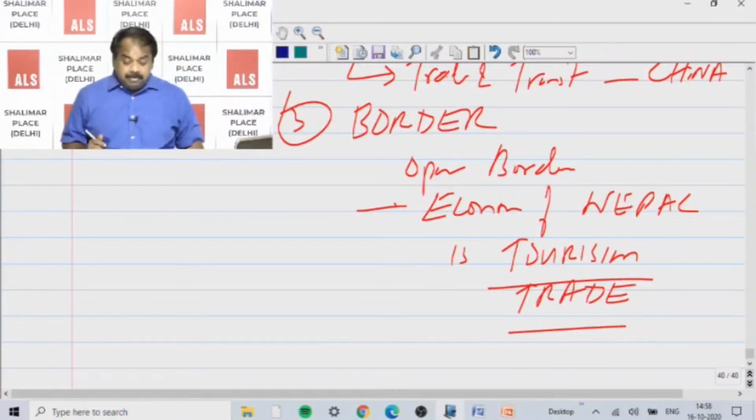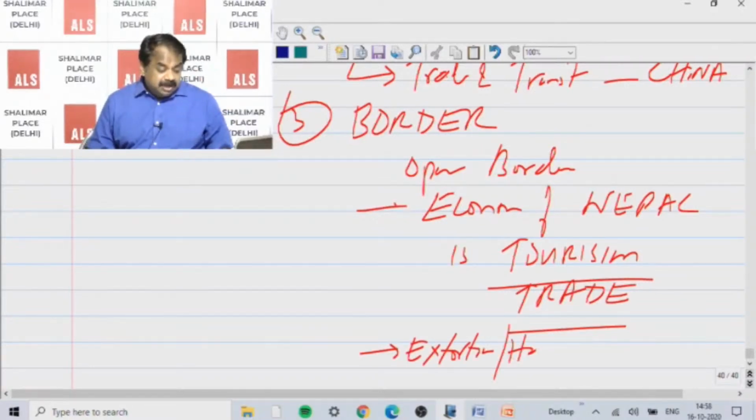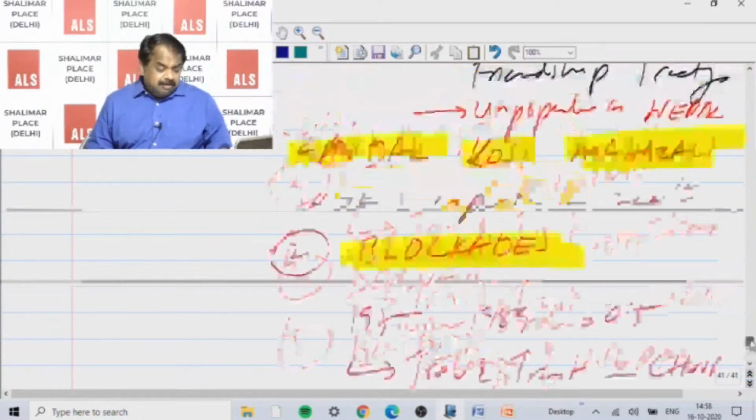But with this open border, when poor, ordinary Nepalis go back, there is a lot of extortion and harassment at the border by some of our corrupt officials also.